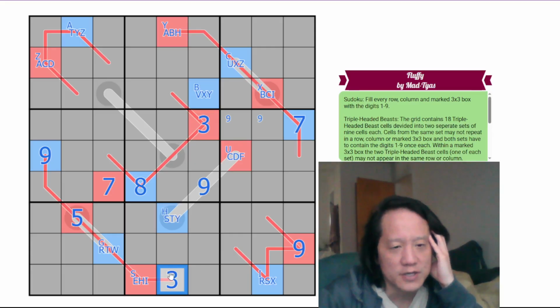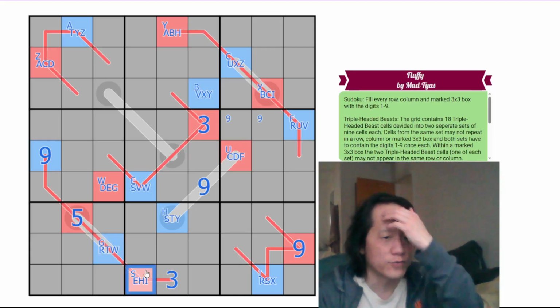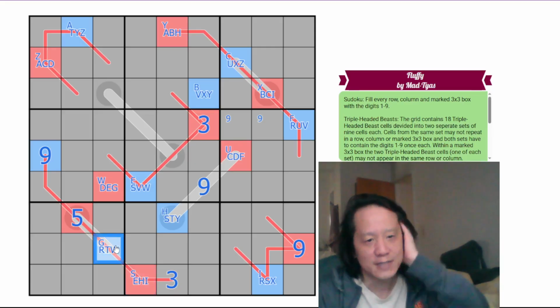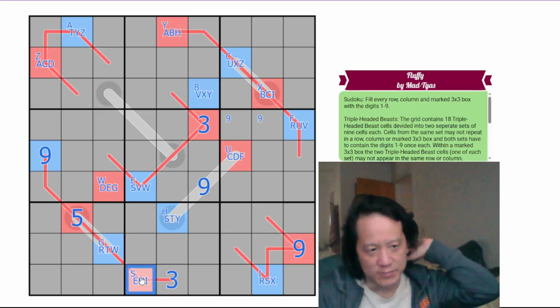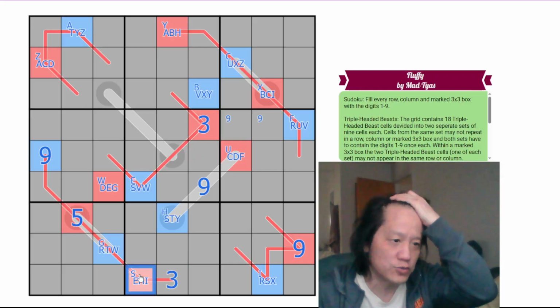We know this is guaranteed to be 3. This cannot be 1, 2, or 5. 7 and 6. So this is at most... okay, the reasoning why this can't be 21. This is either 12 or 13 because this is at most 22. So that means this is at most 13, but this is 3, so this is at least 12. So it's 12 or 13.